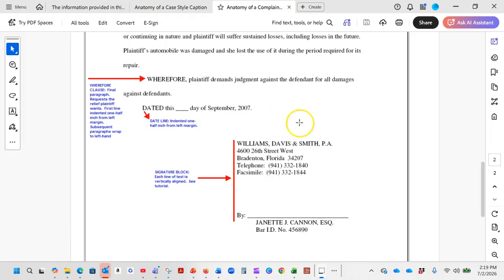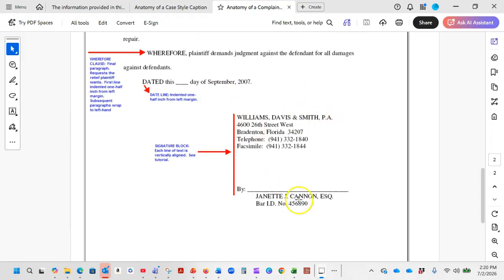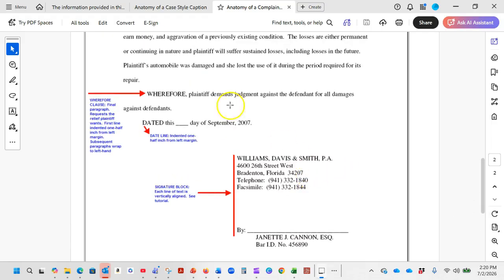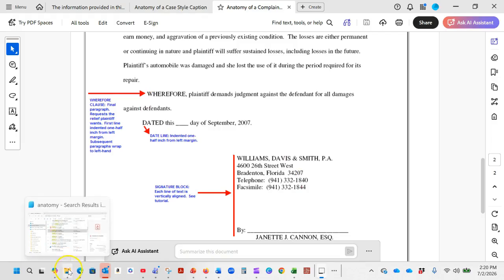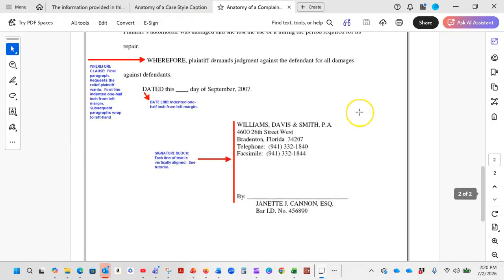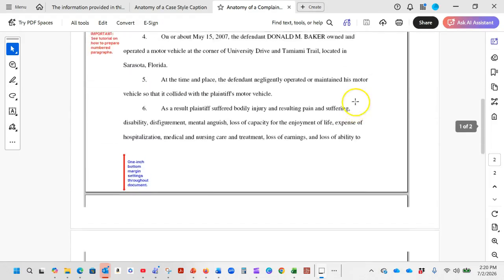And the date of the complaint. This is the signature bar. So that's it. If it were a motion, it would have something else. It would have that certificate of service that we're doing now instead. Working on a complaint, it's that simple.